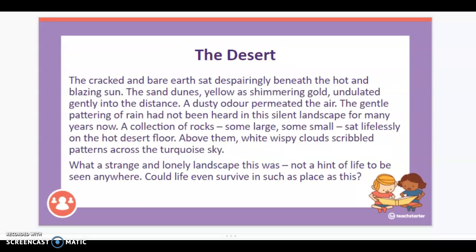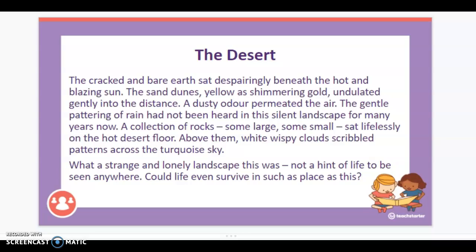Right. This text is called The Desert. The cracked and bare earth sat despairingly beneath the hot and blazing sun. The sand dunes, yellow with shimmering gold, undulated gently in the distance. A dusty odour permeated the air. The gentle pattering of rain had not been heard in this silent landscape for many years now.